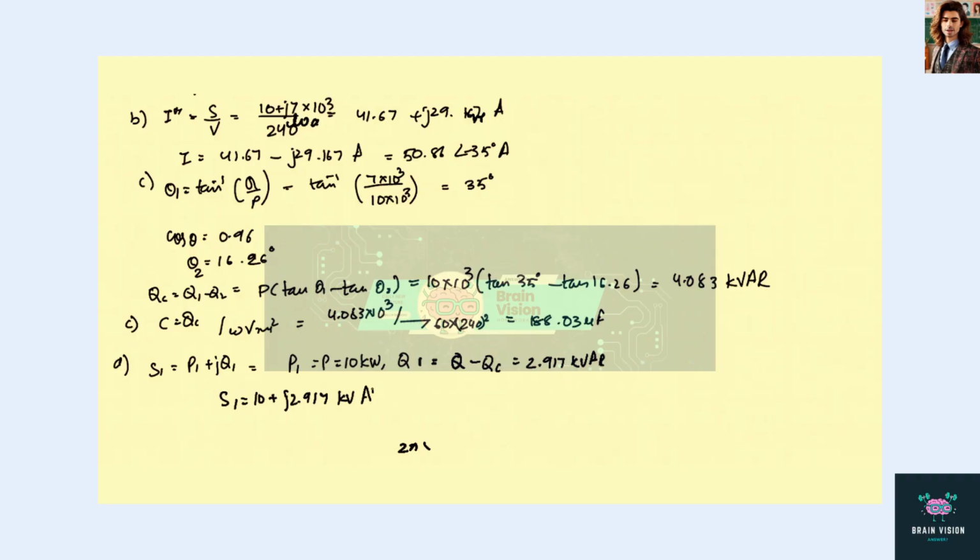Now calculating the current drawn from the supply, I1 conjugate is S1 by V. Substituting the values, I1 conjugate is 41.67 plus j12.15 ampere, and the current drawn will be the conjugate of I conjugate, which equals 43.4 angle minus 16.26 degree ampere.